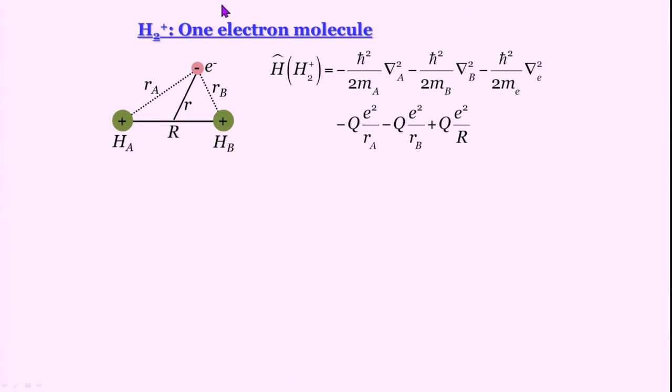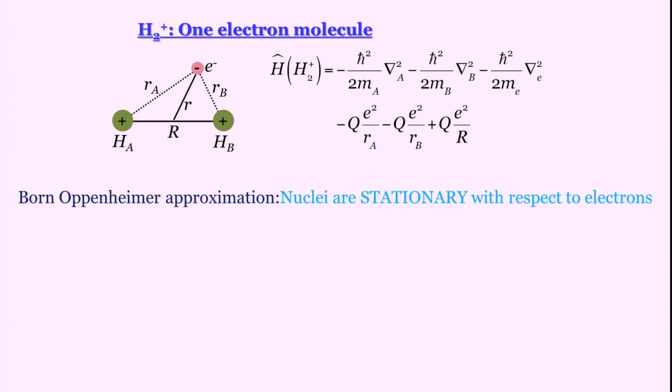Now before proceeding further, internuclear repulsion can be a potential problem. Fortunately that is taken care of by a very elegant approximation proposed by Born and Oppenheimer. When you say Born and Oppenheimer, if you are not someone who is studying science, you would think of something else. You would think of the Manhattan Project, where the atom bomb was made. Oppenheimer was actually the overall in charge of the Manhattan Project.